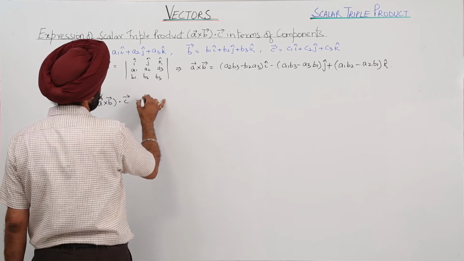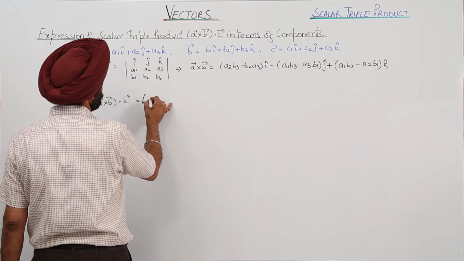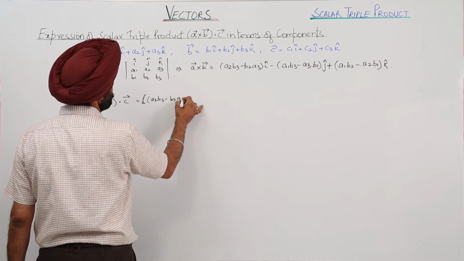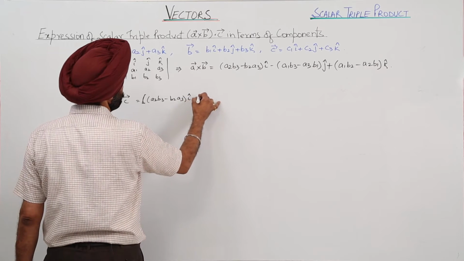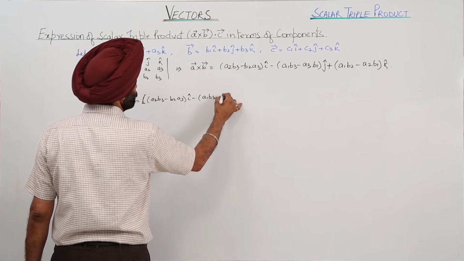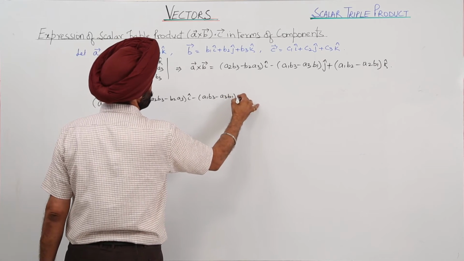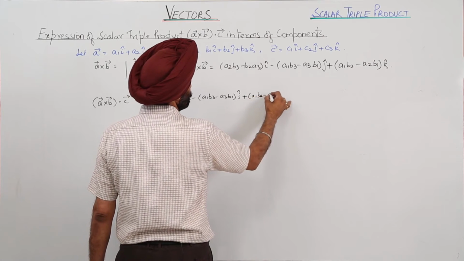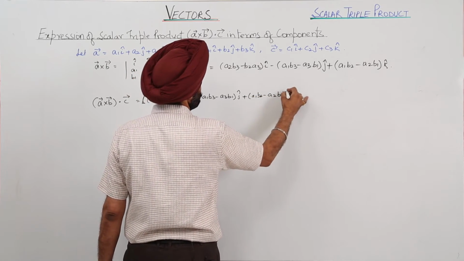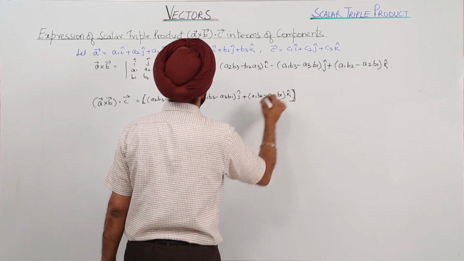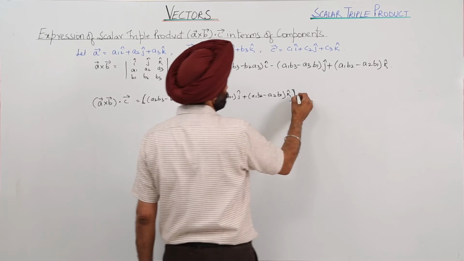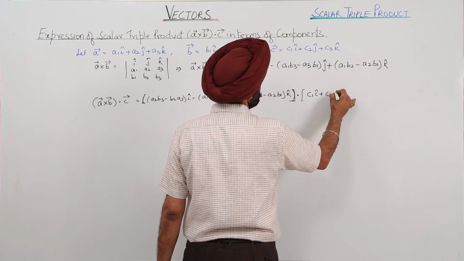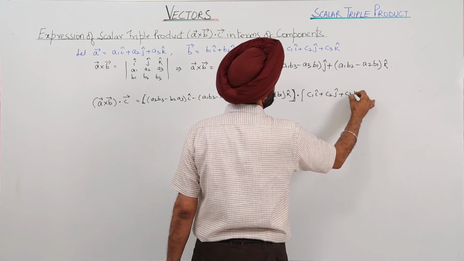This whole thing, (A2 B3 minus B2 A3) i cap minus (A1 B3 minus A3 B1) j cap plus (A1 B2 minus A2 B1) k cap, dot vector C, C1 i cap plus C2 j cap plus C3 k cap.